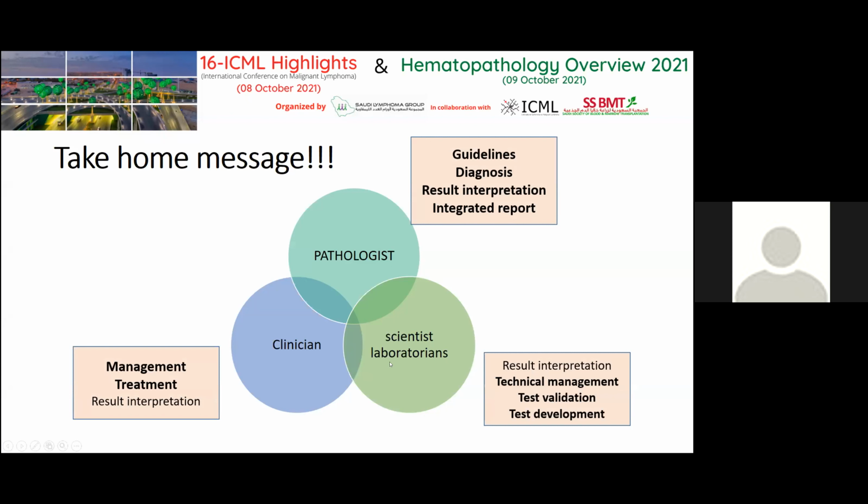And of course, we must not forget the collaboration team, clinicians, scientists and laboratorians, who have great input in the result interpretation, technical management, test validation, test development, and also in the treatment management.